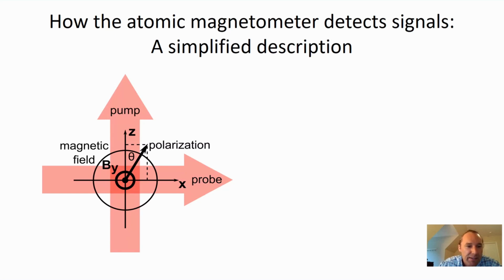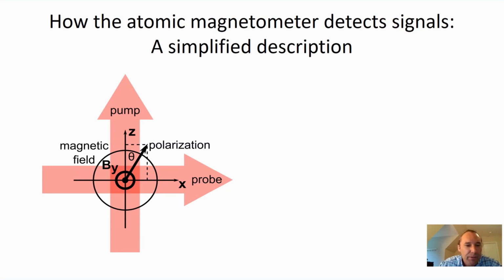Here, instead, what happens is that some kind of equilibrium angle, theta, gets established at a given magnetic field. And the reason for that is because the pump is still on. The pump is on all the time. So you have two competing things going on. You have the magnetic field and you have the pump. The magnetic field drives the spins away from Z, and the pump beam pushes it back.